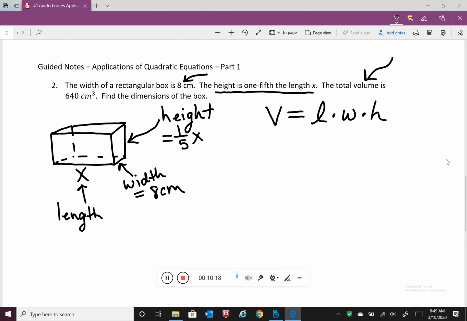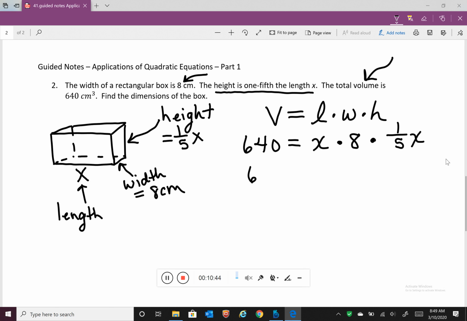And we are given 4 pieces of information. We are given the fact that the volume is 640. The length is x. The width is 8. And the height is 1/5 of x.